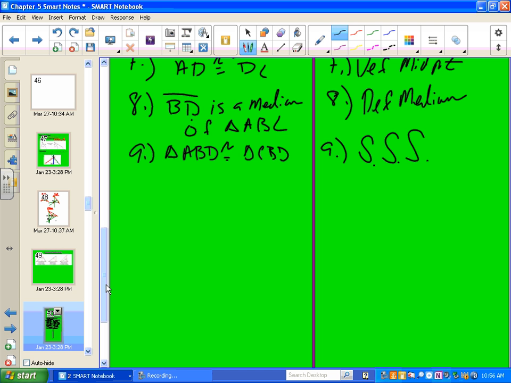Side, side, side. Very good, Edmund. Okay, those two triangles are congruent by side, side, side.